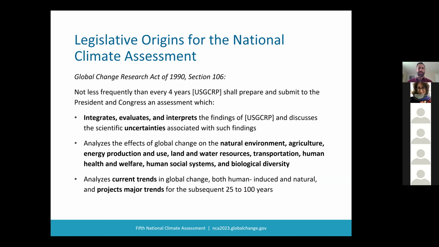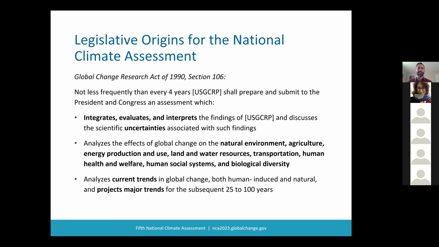The same law that established the program also mandates a periodic scientific assessment, known as the National Climate Assessment, or NCA. NCA is a quadrennial, every 4-year report that analyzes the effects of global change on several sectors: the natural environment, agriculture, energy, land and water resources, transportation, human health, social systems, and biodiversity.